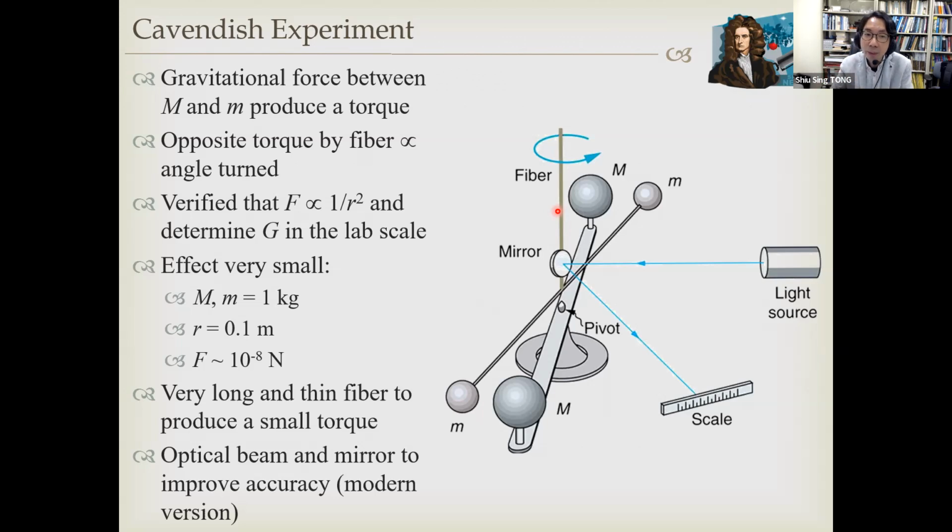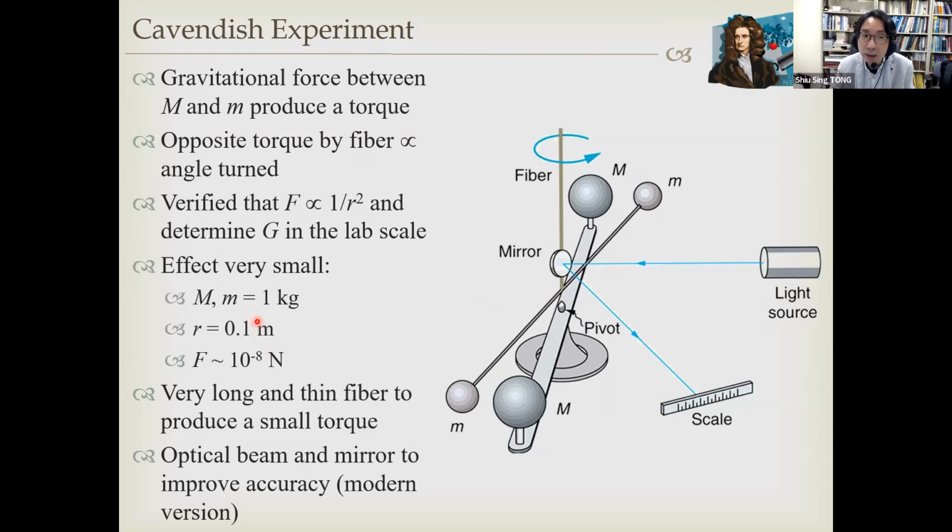So by measuring the twist of this fiber and knowing its material property and also its dimension, you can calculate the gravitational force between these two bodies. Typically in this experiment, we have a small m and a big M of the order of 1 kg, and the separation is of the order of 10 cm. This is a very laboratory scale experiment.